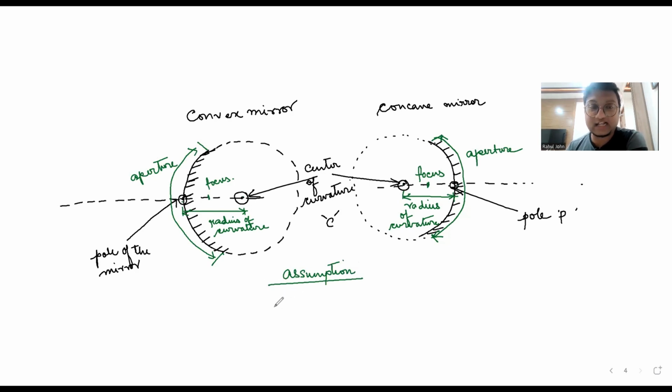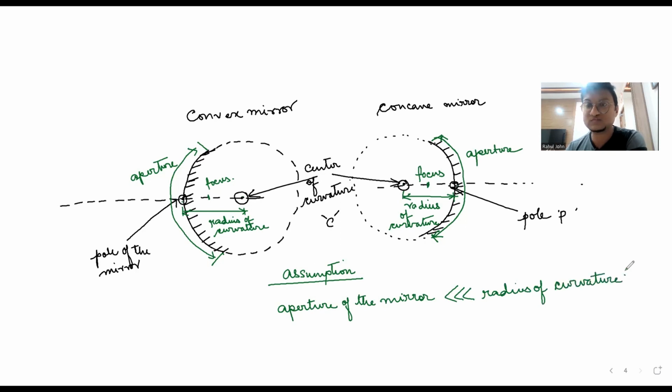And that assumption is that the aperture of the mirror is very, very small compared to the radius of curvature.